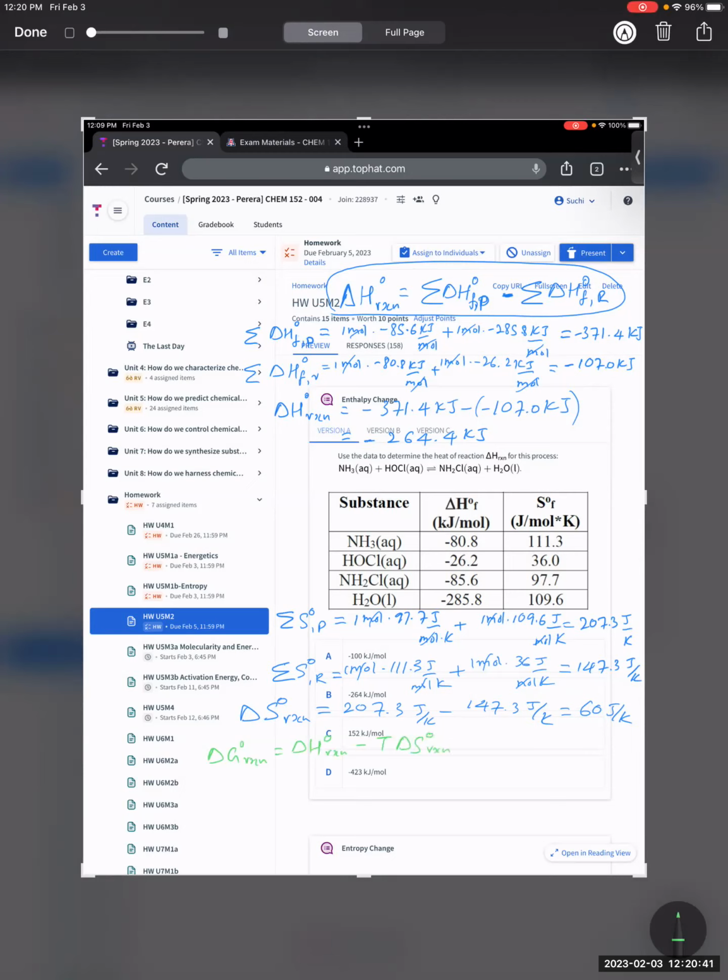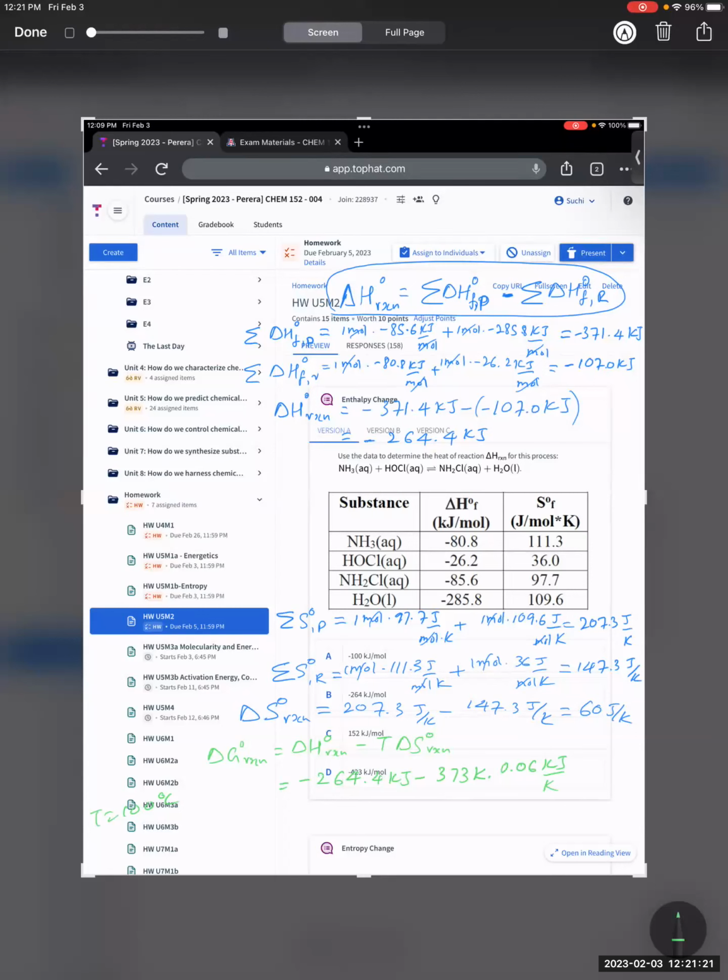Okay, so we have everything. T is 100 plus 273 to make it Kelvin. So let's plug in. Delta H is minus 264.4 kilojoules minus temperature, 100 degrees Celsius is 373 Kelvin, and delta S is 0.06 kilojoules per Kelvin.